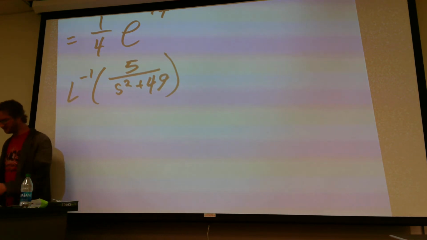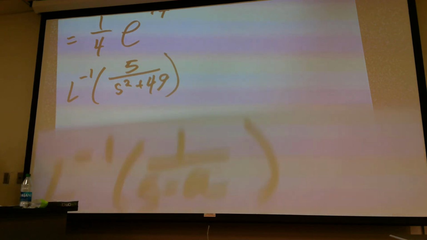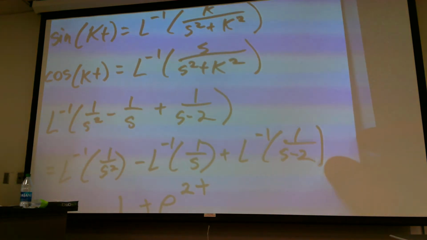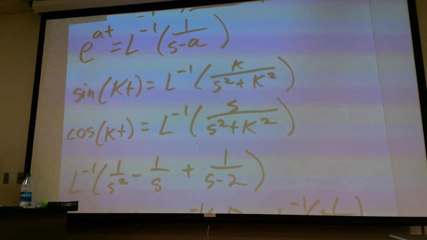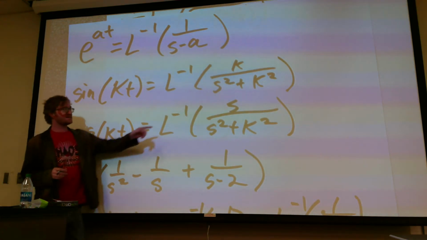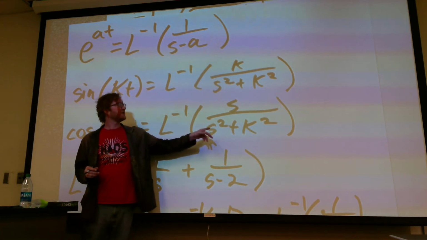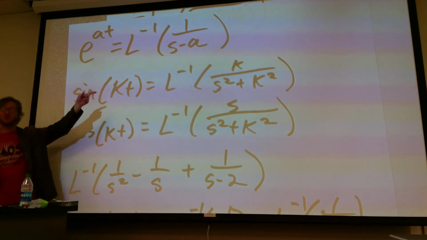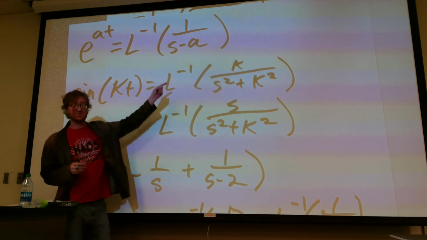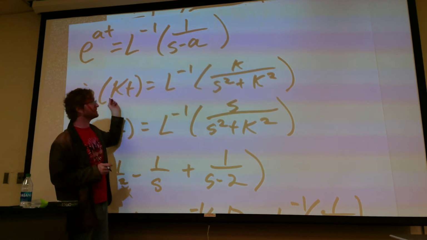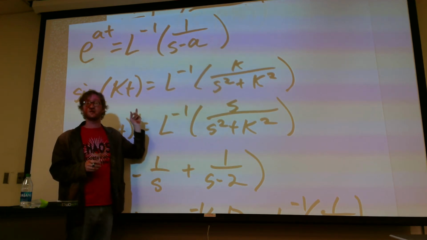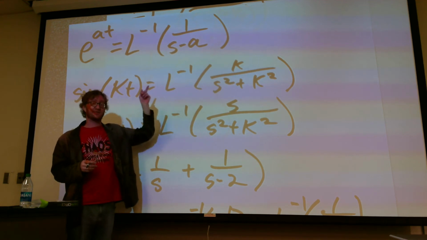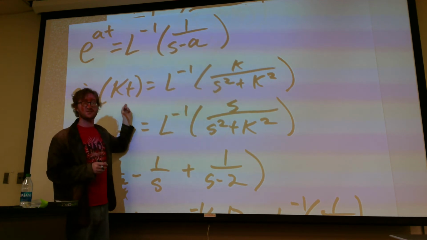If we look at our formula, if there is an s on top of the problem, then it's going to be associated with cosine. If there's just a number on top, which is that k that is multiplied into the sine of kt, that tells you it's going to be associated with sine.